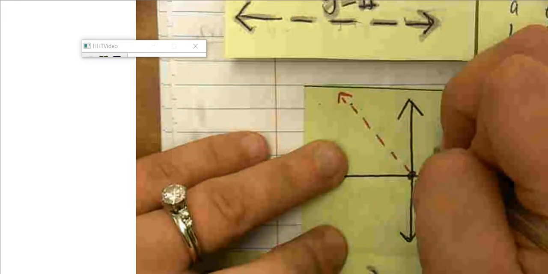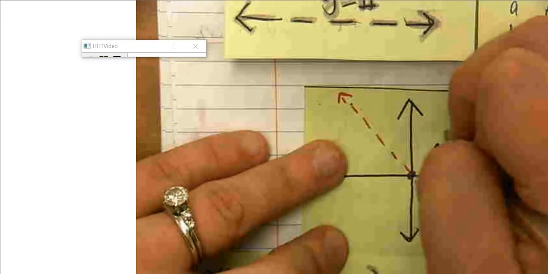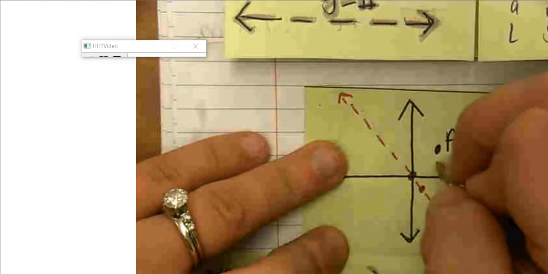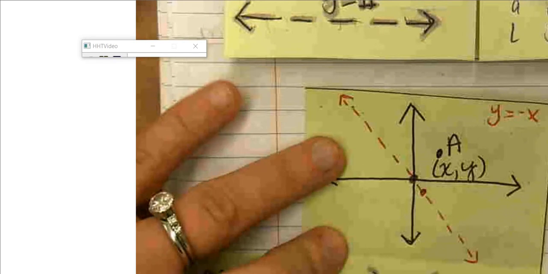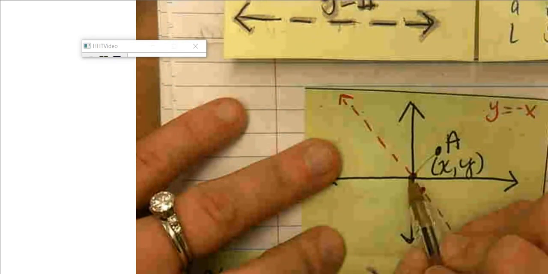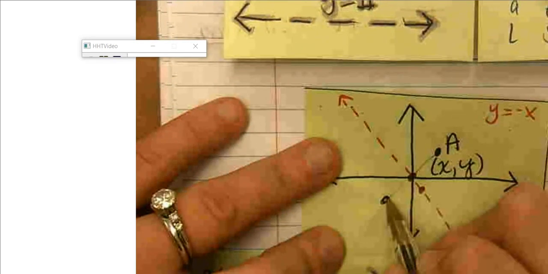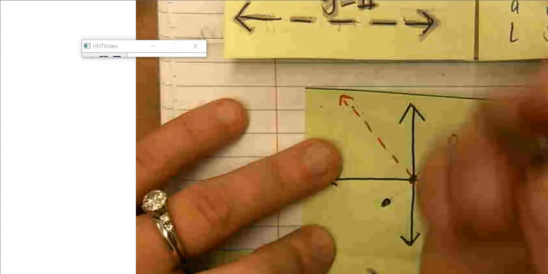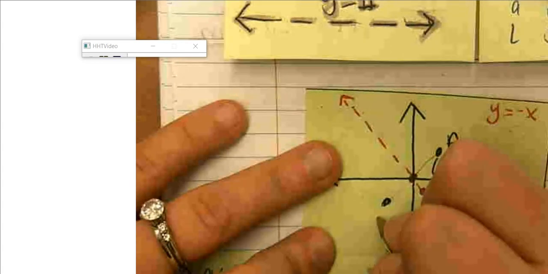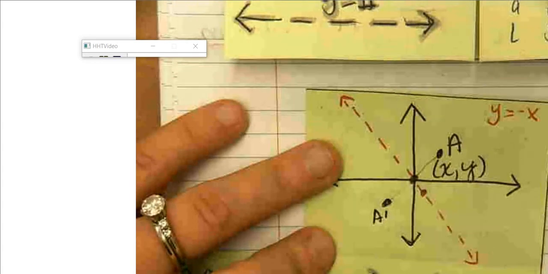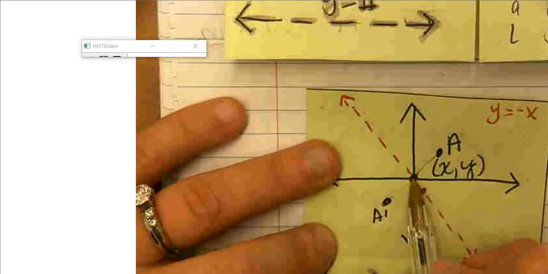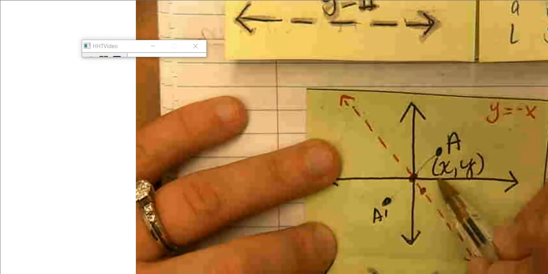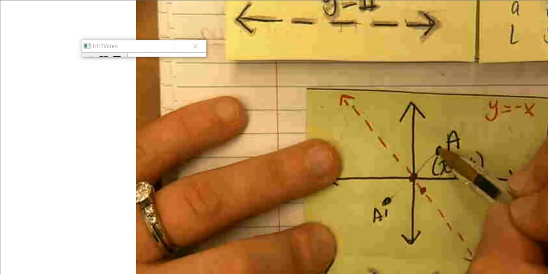And I'm going to plot a point, and we're going to call it point A. And point A is located at some x, y value. Its reflection point needs to be equidistant on the other side from the line of reflection. And we're going to call it A prime. And if you think about it, let's say that this was located at 2, 3.